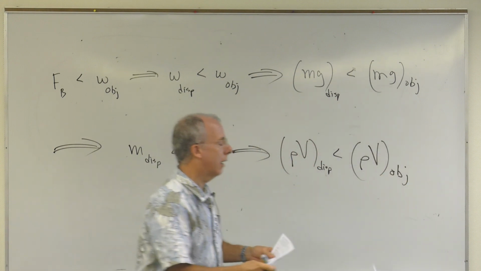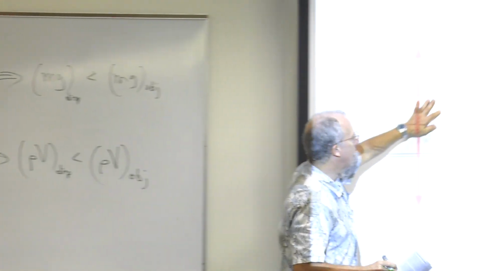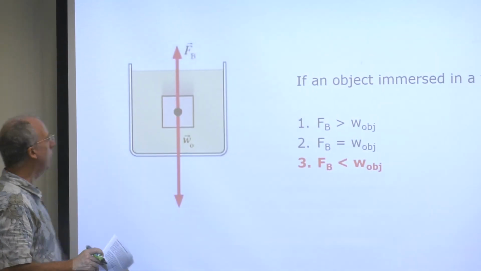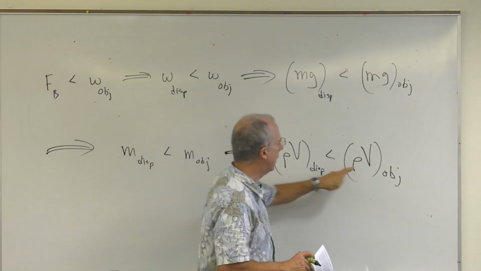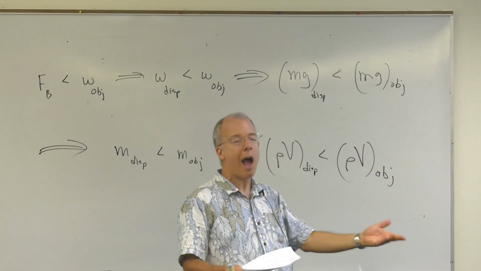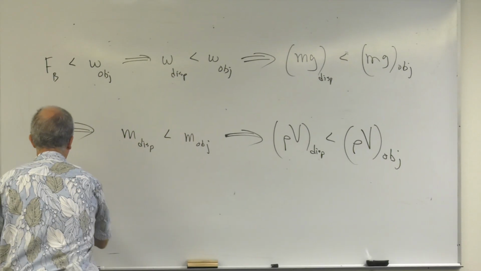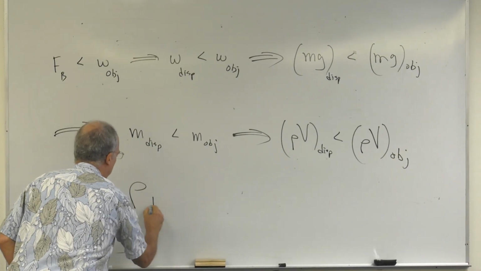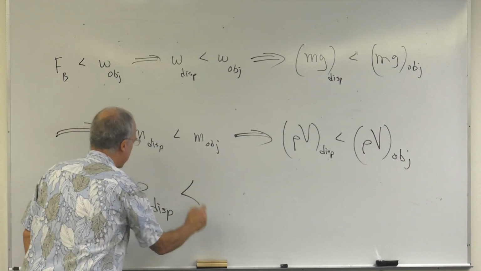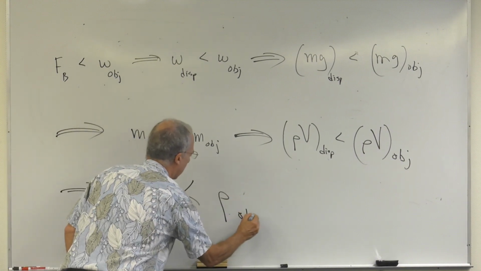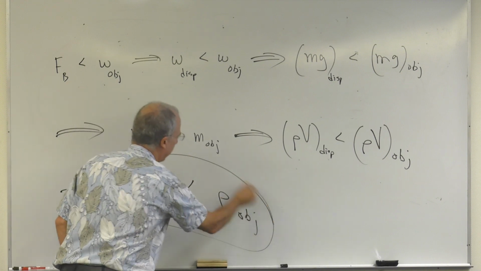Agree? But come on, this thing is immersed in the fluid. So isn't the volume of the displaced fluid equal to the volume of the object? Well, yeah. So that means the density of the displaced fluid is less than the density of the object. Okay?